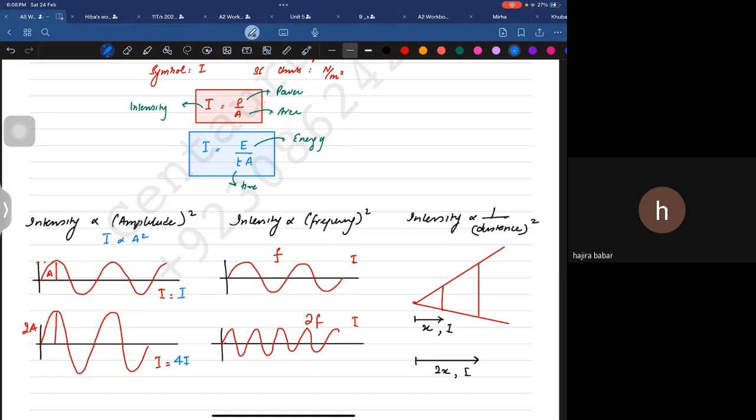Similarly, for frequency, intensity is proportional to f squared. So if for frequency f the intensity is I, then for 2f frequency, intensity will be 4 times that. However, intensity is inversely proportional to distance squared, and because of that, when intensity is I at a certain distance x, if you double that distance, intensity will be a quarter now, because it will be reduced by 4 as x has a square on it.